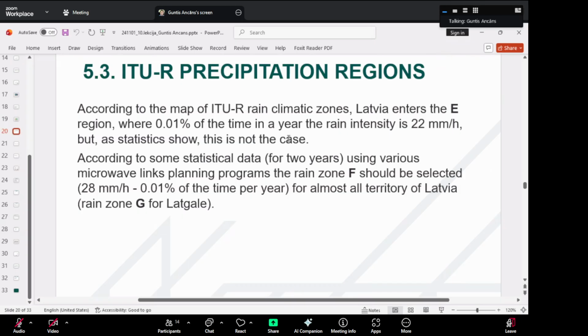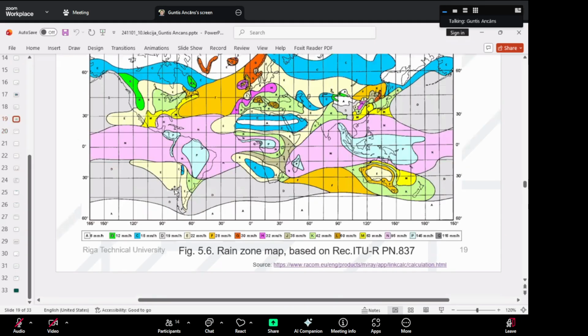But if we look a bit deeper and take a detailed view, according to some statistical data, using various microwave link planning programs, the rain zone should be selected for almost all the territory of Latvia, and for the eastern part of Latvia, Latgale, the G zone, and G is even more, 30 millimeters per hour.